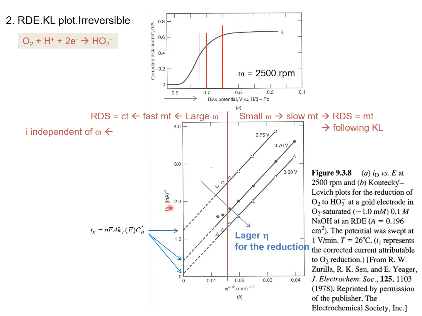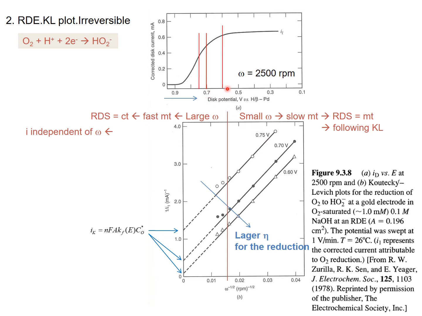Then here I have plotted 3 curves at 3 different applied potentials: 0.60, 0.70, and 0.75 volt. 0.6 here, 0.7 here, and 0.75 here.